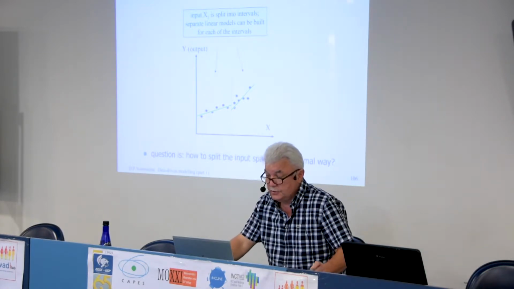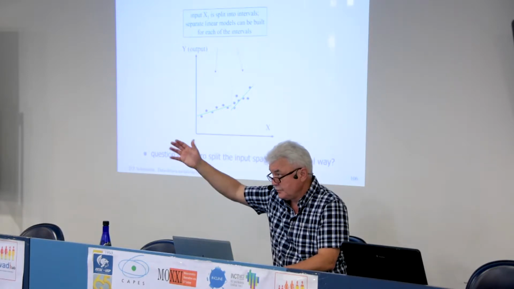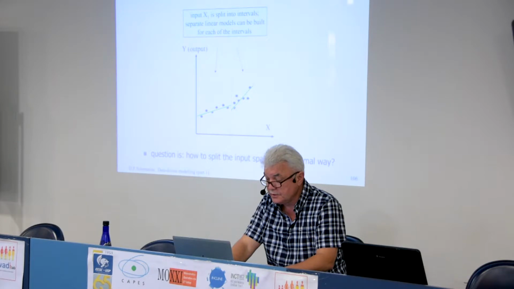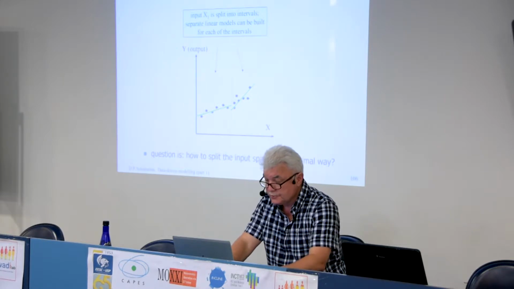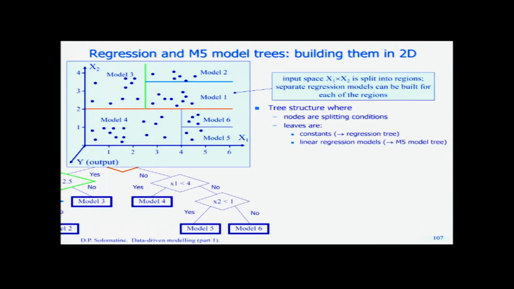It's all presented in detail. Quinlan's paper is short, but Australia and New Zealand, they work together, I suppose, and they wrote very good books about this, and they promote M5 model trees a lot. And we also use it in research. Okay, this is how we build model trees here.